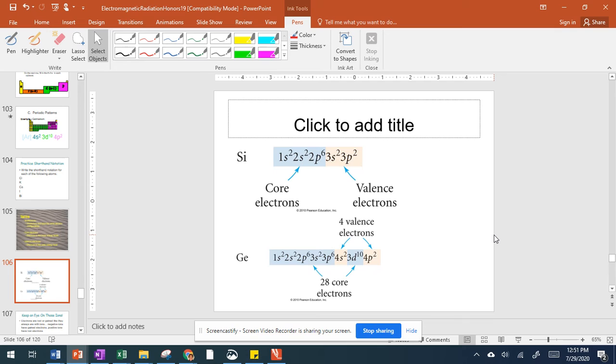Germanium, which also has 4 valence electrons, has its valence electrons in the 4th energy level. That's the outermost energy level. Those are the 4s2, 4p2. What I want you to notice here is the 3d electrons are not part of the valence electrons. Those are actually considered to be core electrons. So as you see, these both have 4 valence electrons.